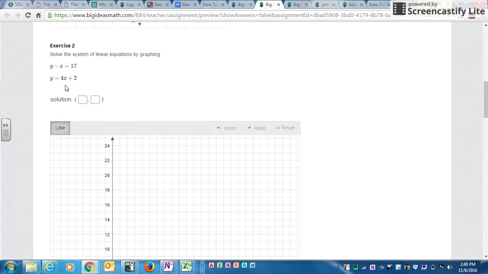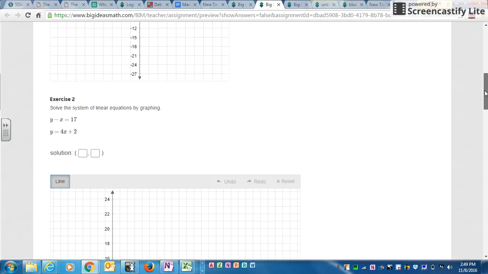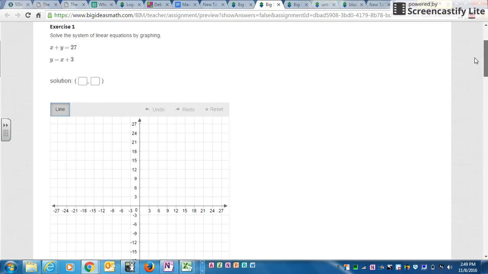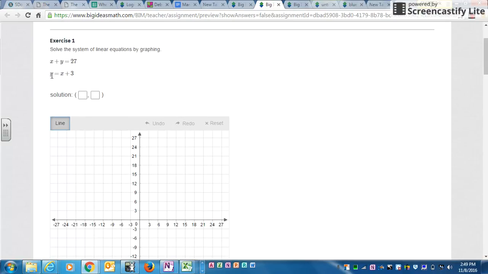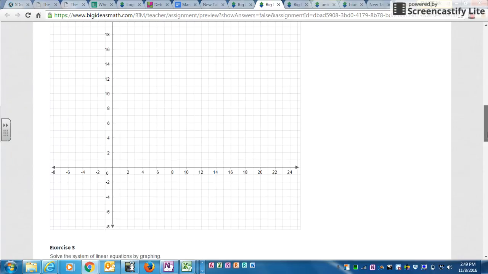So this one's already in slope-intercept form, but for this one you have to add x to both sides to get y equals x plus 17 to graph both of those lines. For the first one, this y equals x plus 3, that's in slope-intercept form. This one is not. You're going to subtract x from both sides to get y equals negative x plus 27.